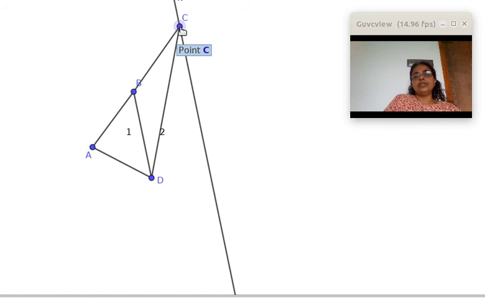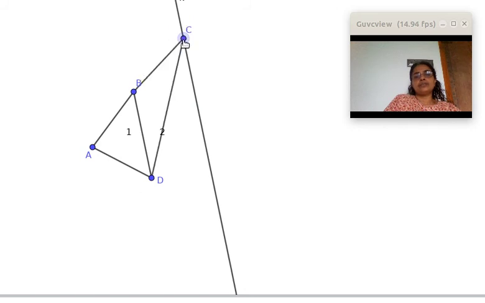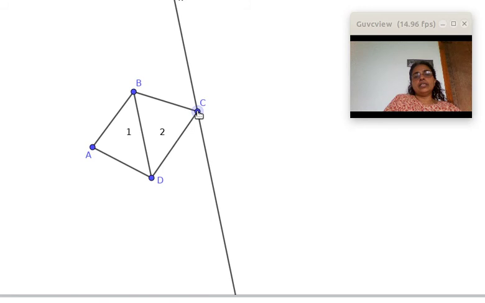How can you draw it in your notebook? This is the given quadrilateral, and you mark a point on the parallel line where AB touches the parallel line. You extend AB to the parallel line.